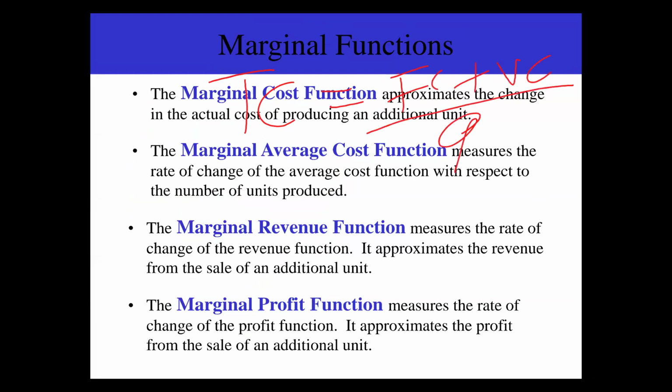This gives us average cost. Then you differentiate the average cost function and you will have the marginal average cost function. Is that clear?